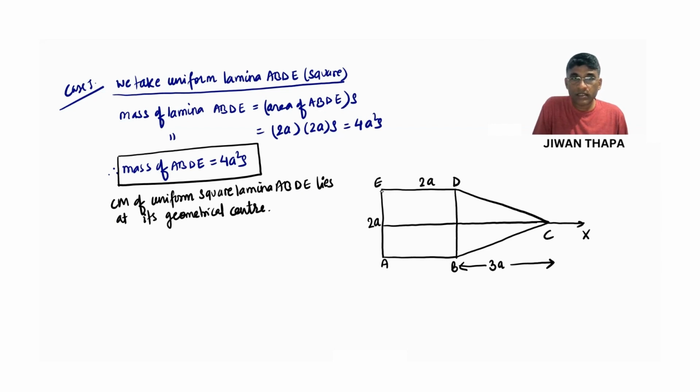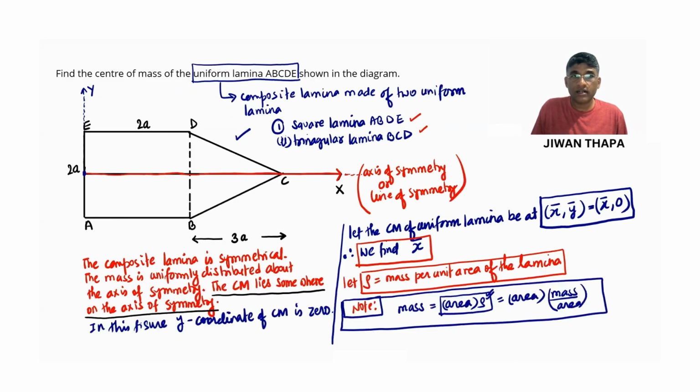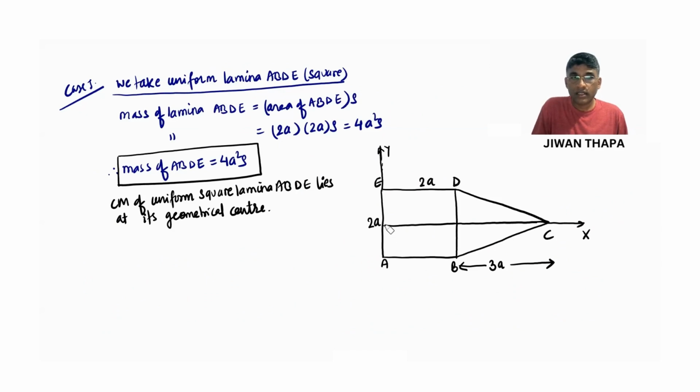So let me draw in this way, okay. This is the y-axis as we did earlier, okay. So we are taking this point as the origin, and this horizontal length is twice A. So this is A, clear?